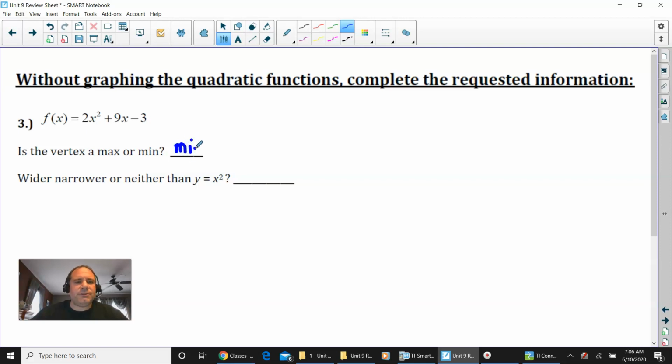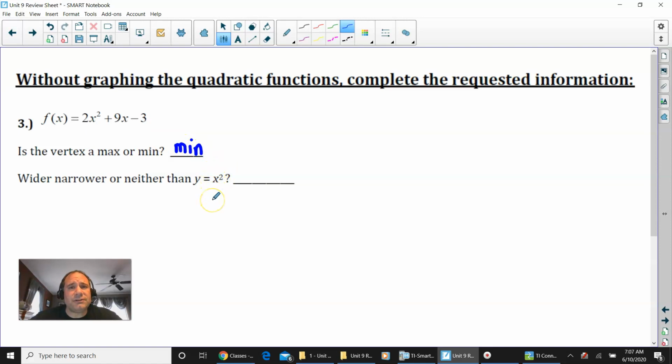Now, knowing what I just said about the x squared and the 2x squared, would it be narrower, wider, or neither? This number is a 2. This is a 1.